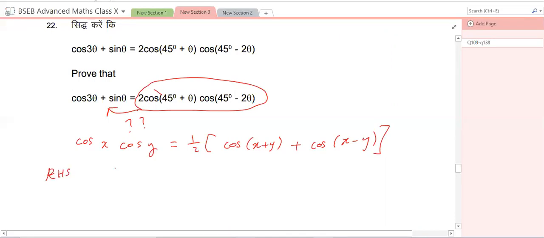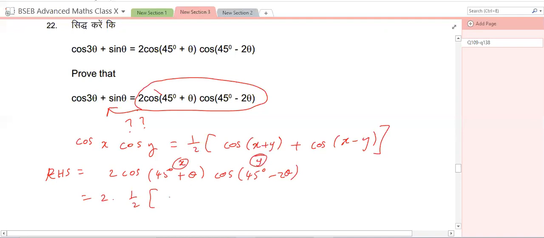Right hand side is equal to 2 cos 45 degrees plus theta cos 45 degrees minus 2 theta, which is equal to 2 into half. Adding these two, there's my x, here's my y. Adding x and y, we have 45 plus 45, which is cos of 90 degrees minus theta, plus, we have added here x plus y.